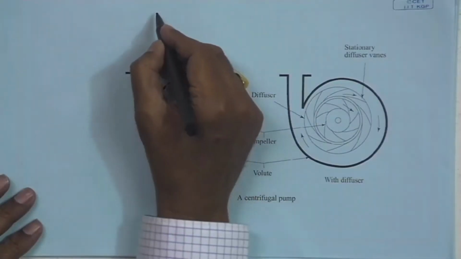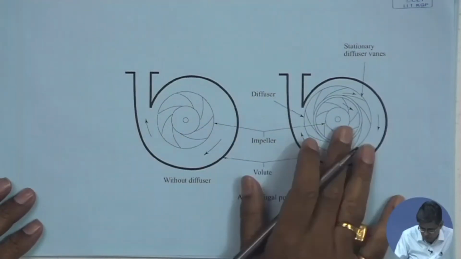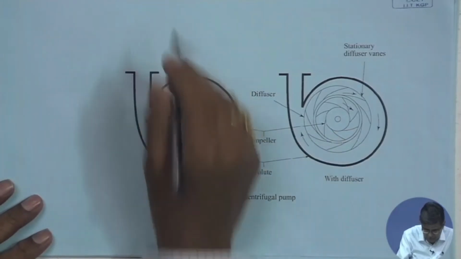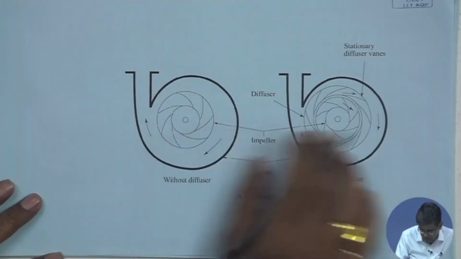Now, we will describe how a centrifugal pump looks like. The basic components of a centrifugal pump: these are the two options, and two configurations or two types are there.